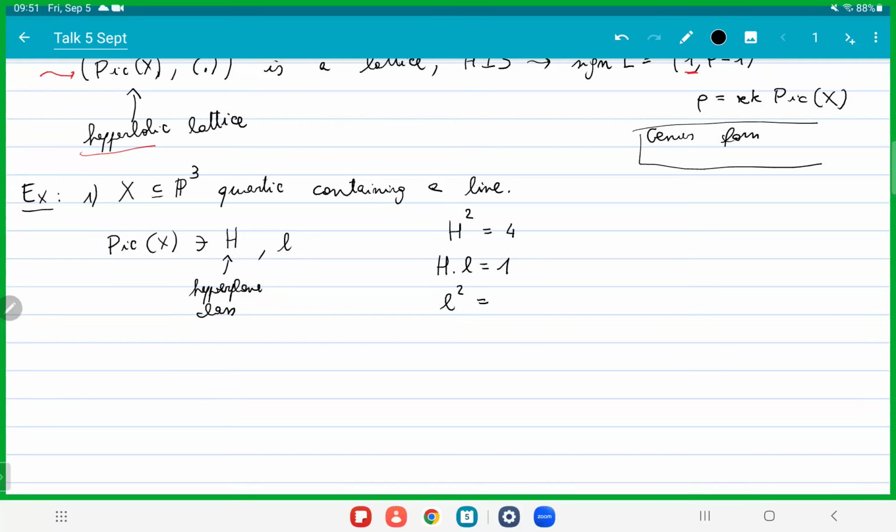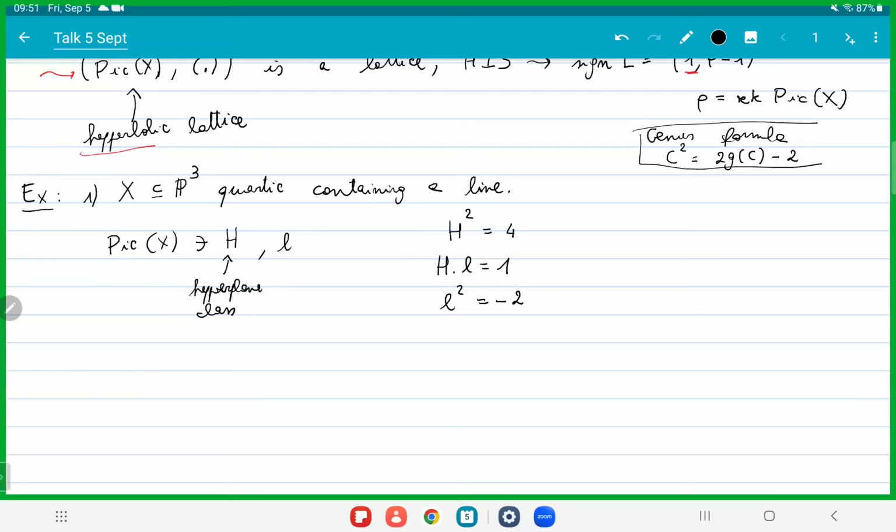The genus formula says that if we have C, a smooth curve, then C squared is 2 times the genus of C minus 2. In this case, a line is a P1, so it's genus 0, so this is just minus 2.